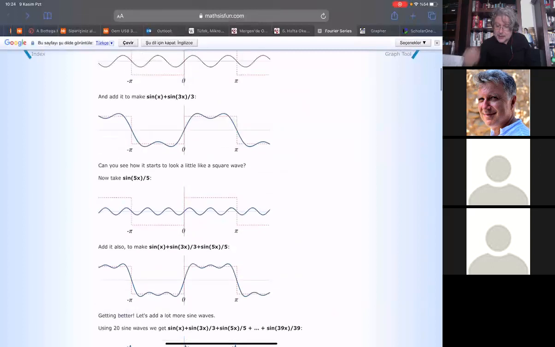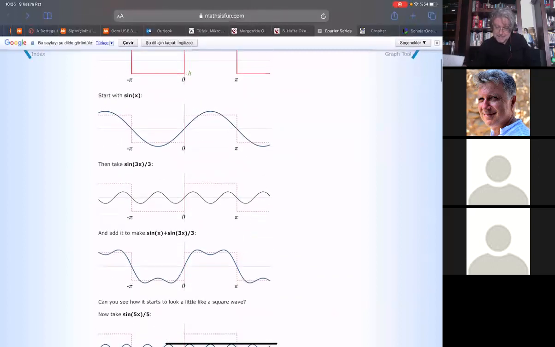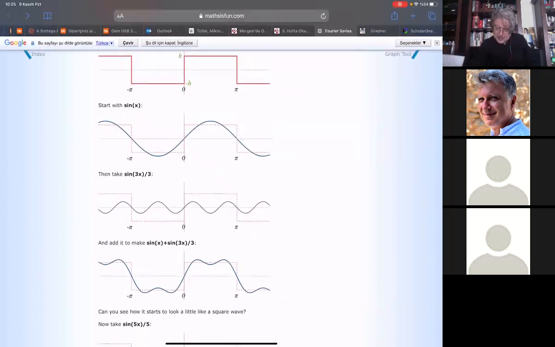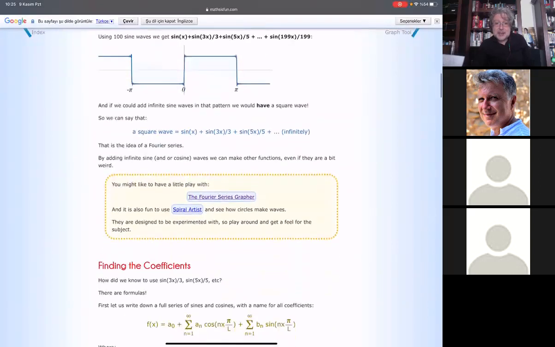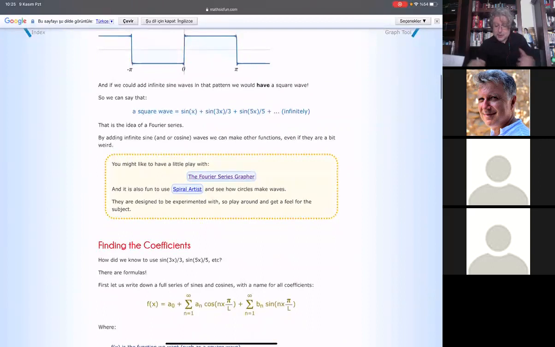Now, this particular web page has a Fourier series grapher link, as you see here. And it also gives you the formulas for finding the coefficients, but it's giving you the formulas in terms of cosines and sines. Because for applets, it's very difficult to deal with complex numbers.